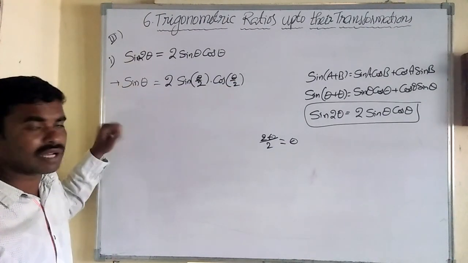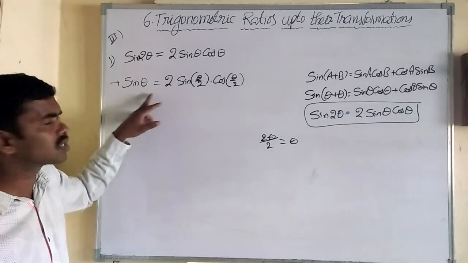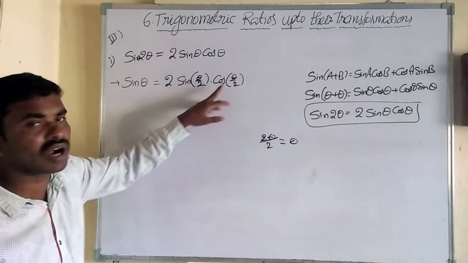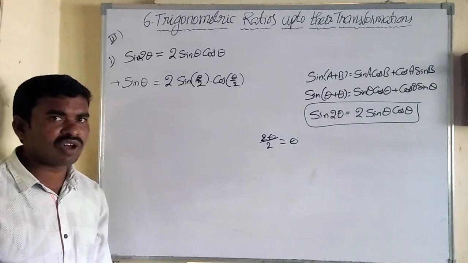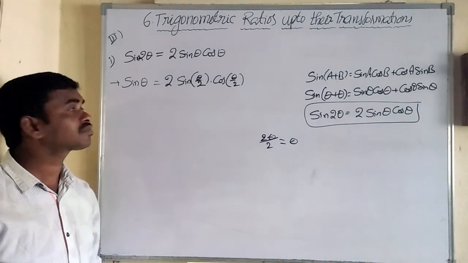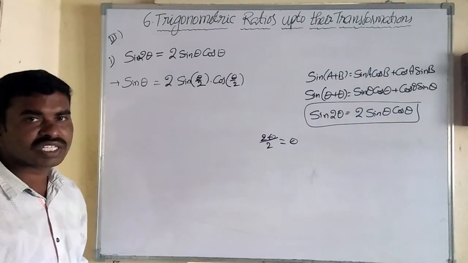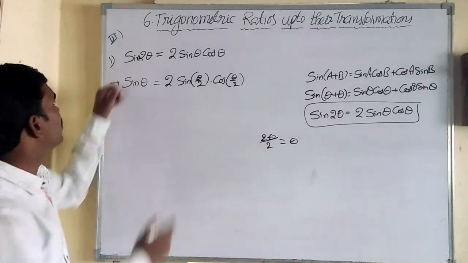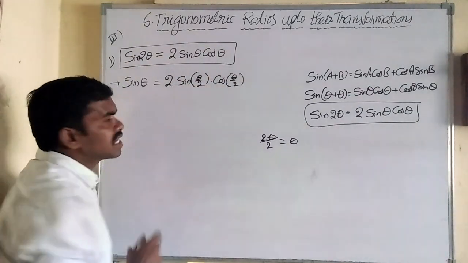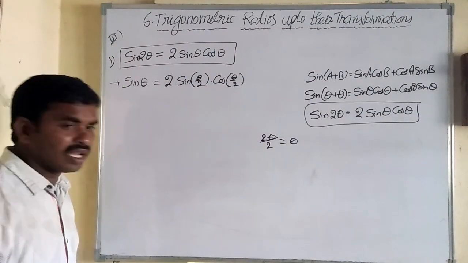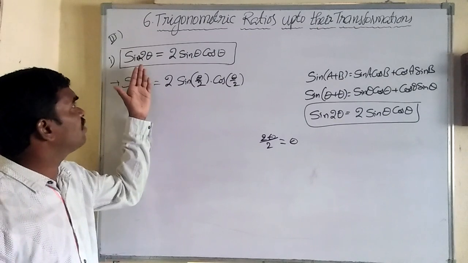So somewhere we can write sin theta is 2 sin (theta by 2) into cos (theta by 2). In problem solving I will give you a technique for how to use the formulas. But we must remember the sin 2 theta formula, that is 2 sin theta cos theta. Is it clear? How can we derive this? By using sin of A plus B only.